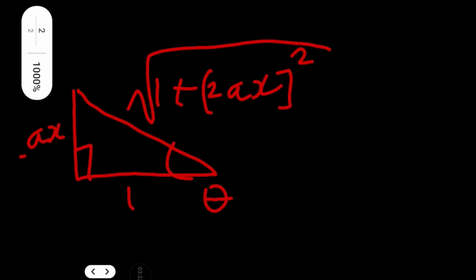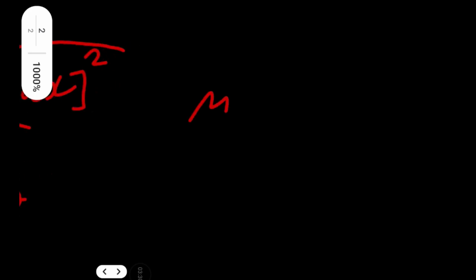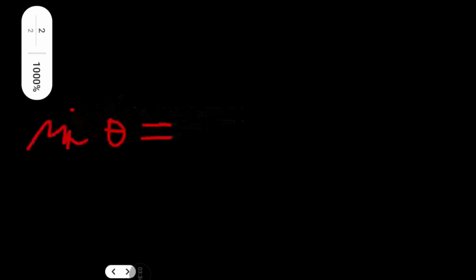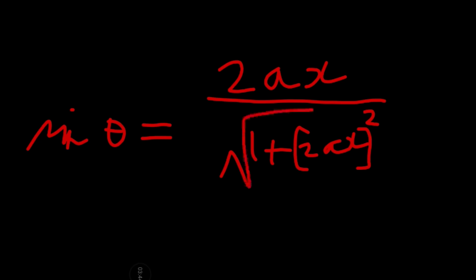Therefore sine theta is going to be the opposite, 2ax, over the hypotenuse. So sine of theta is equal to 2ax over the square root of 1 plus 2ax squared. So we have sine in that formula now.